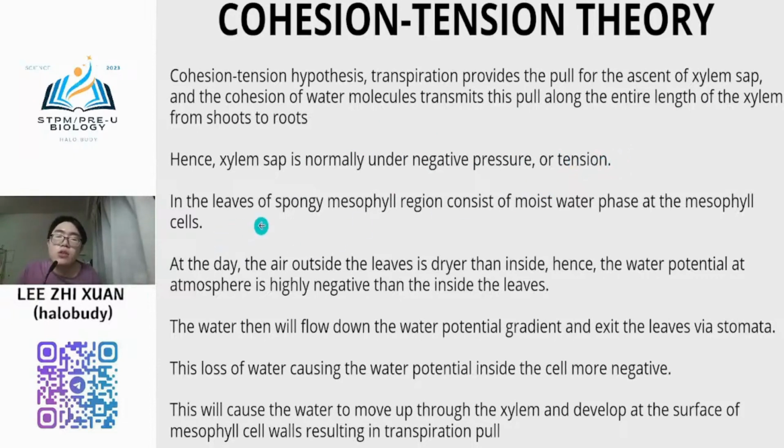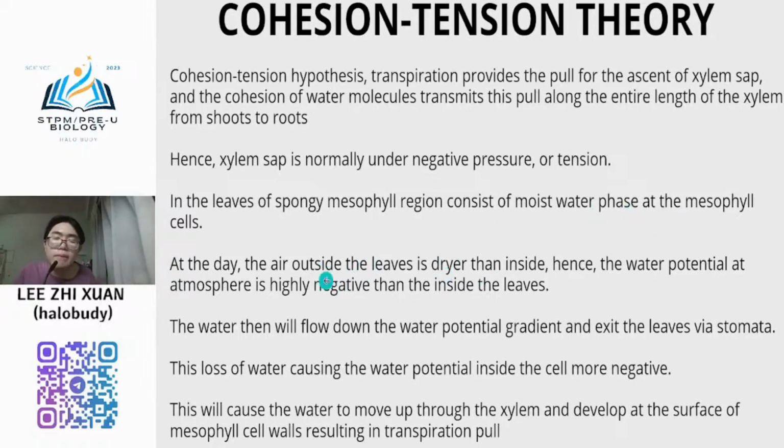Okay, so this is the first step. I already mentioned that in your leaf, your spongy mesophyll consists of moist water, right? It contains a lot of water, but in the day, your water will diffuse out from the mesophyll cell into the atmosphere. Why?